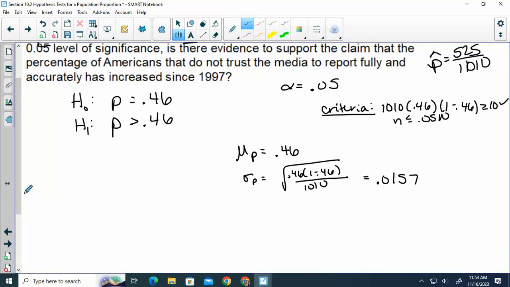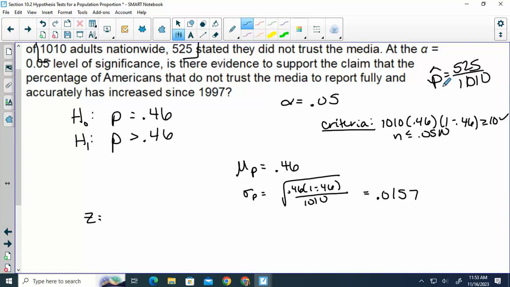So now, we need our z. Z is our value. Do we know our value? Yeah, we need that p hat, was 525 over 1010. Or if you divide it, it's not perfect, 0.5198.